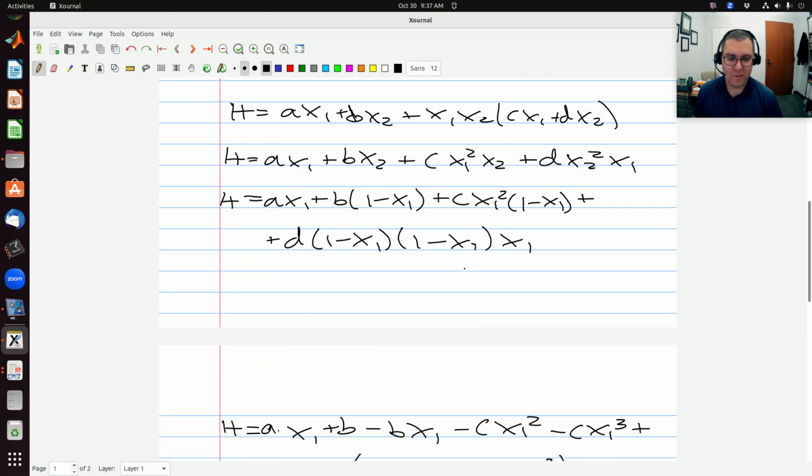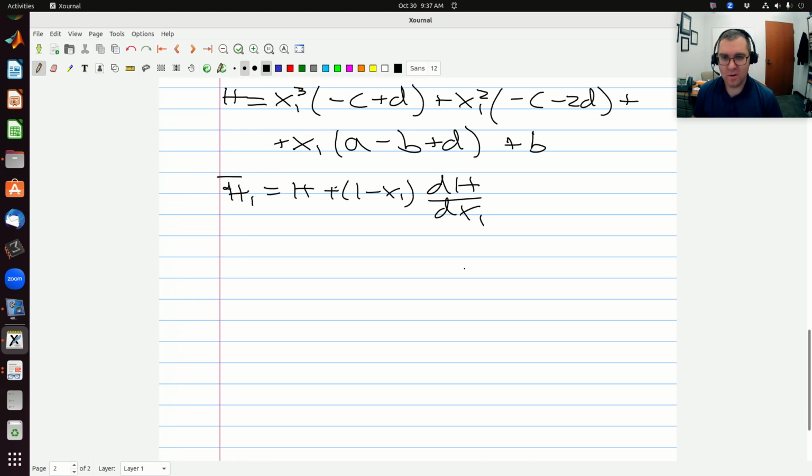So let's just get that first. Now that I have this equation up here, dh/dx1. Well, that's just a constant, so it's going to be negative c plus d, my constant, and then power rule. So it's going to be 3 times that constant, x1 squared, plus my constant, minus c minus 2d.